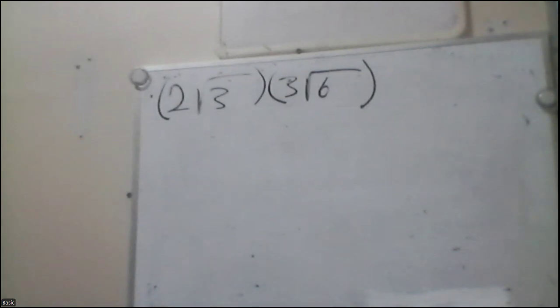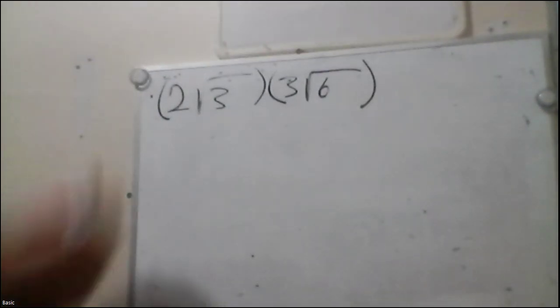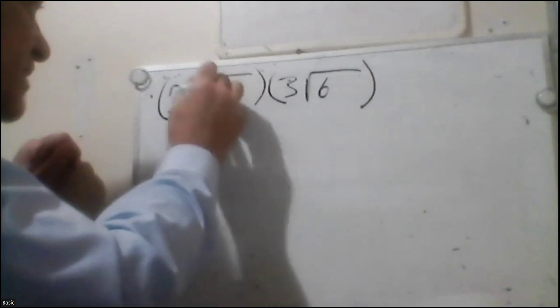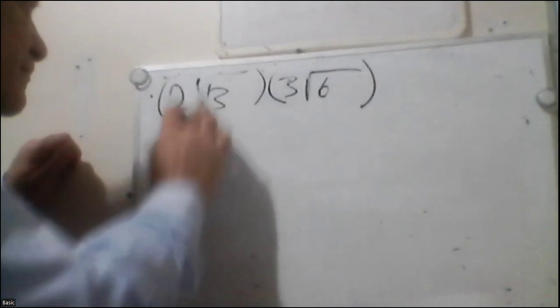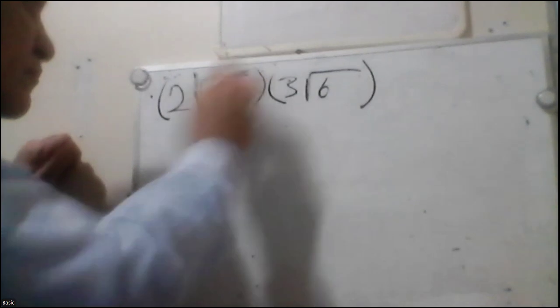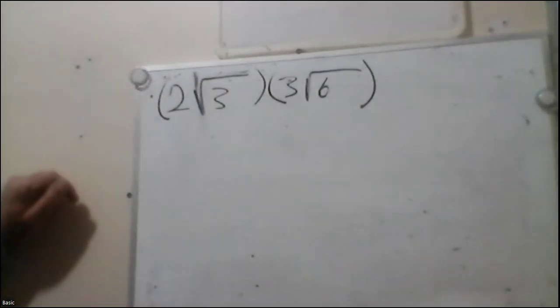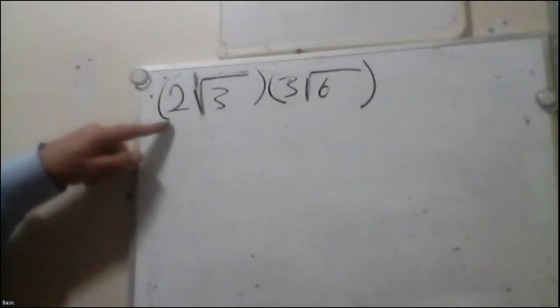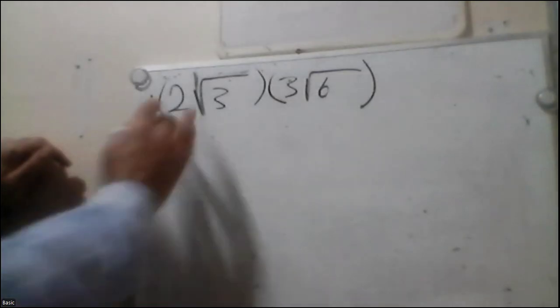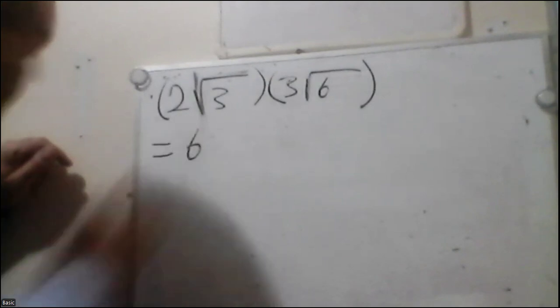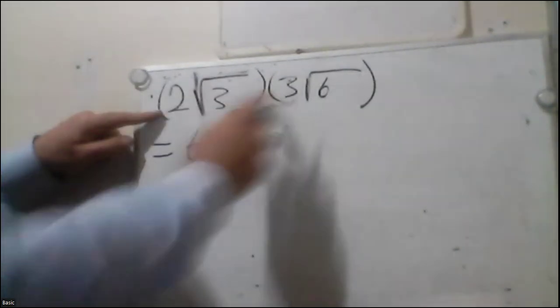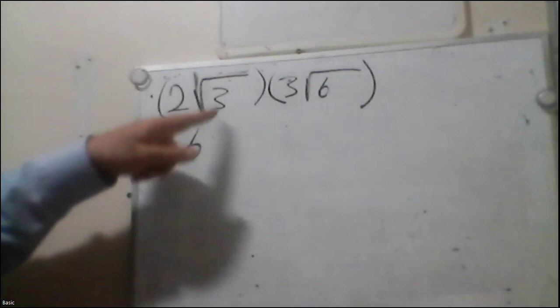So I can do it like this. Now, how I will do it, I will tell you. 2 multiplied by the root of 3, multiplied by 3 the root of 6. Okay. I can say now 2 multiplied by 3, that will equal 6. And I have here 3 multiplied by 6.